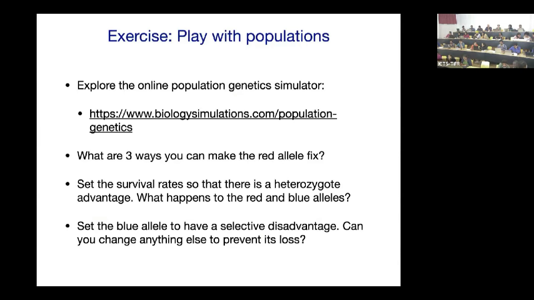You got it to not be gone? Mutation. Okay. Mutation what? Mutation rate higher, yeah.